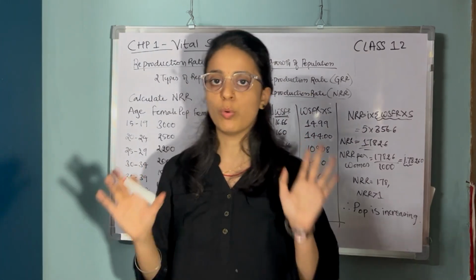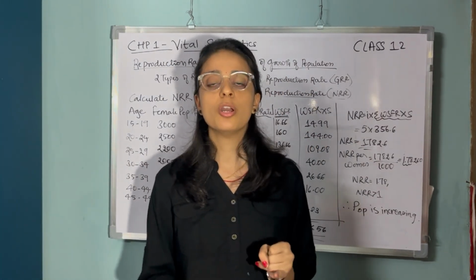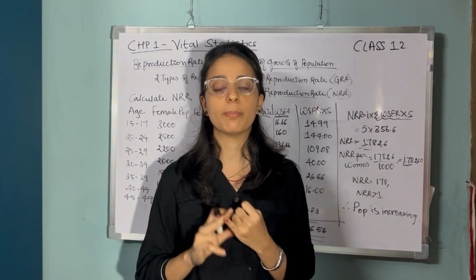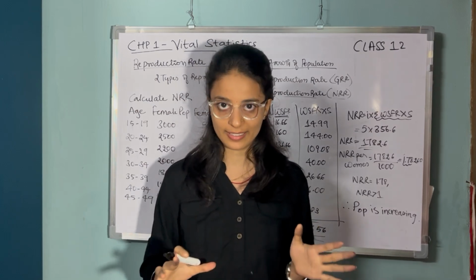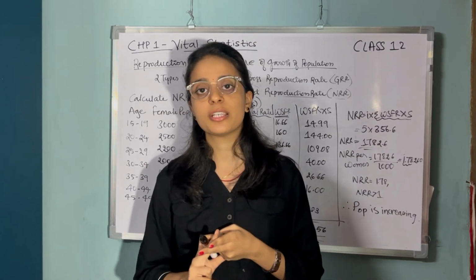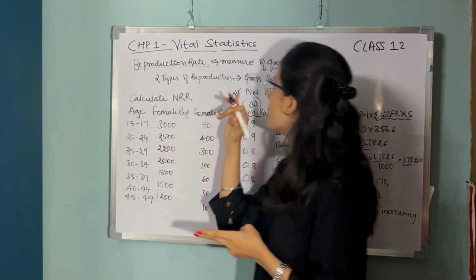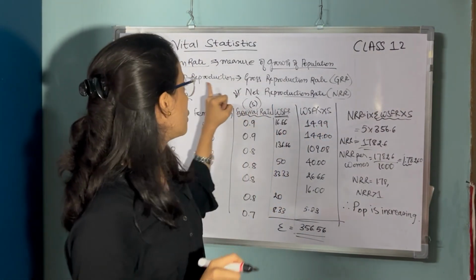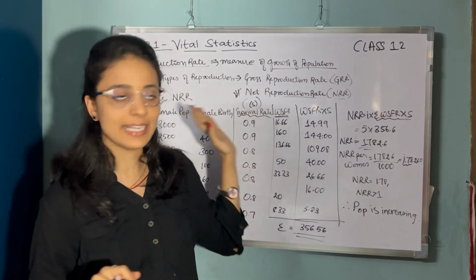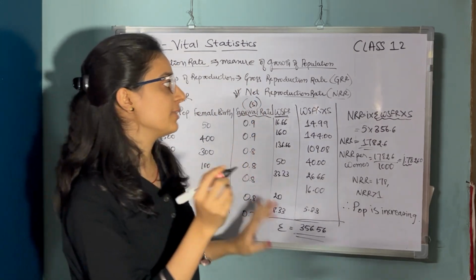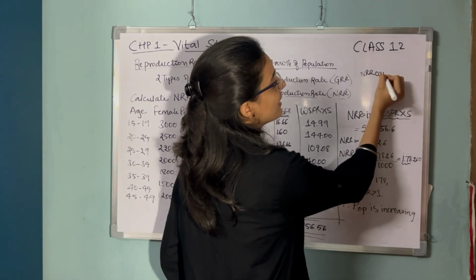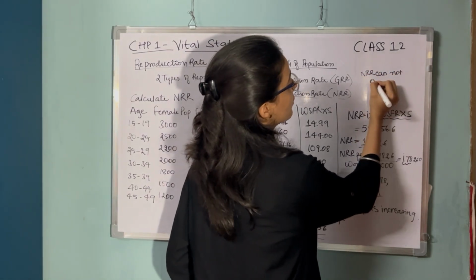Hope you have got what all we have covered in this video. We looked into the first problem where we tried to solve the problem related to all the mortality rates. And then we looked into reproduction rate, which is a measure of growth of population. There were two types, that is gross reproduction rate and net reproduction rate. One more thing to remember, NRR cannot exceed GRR.